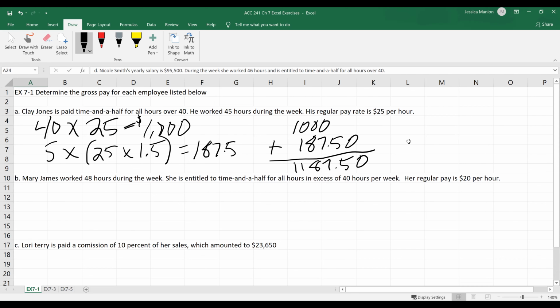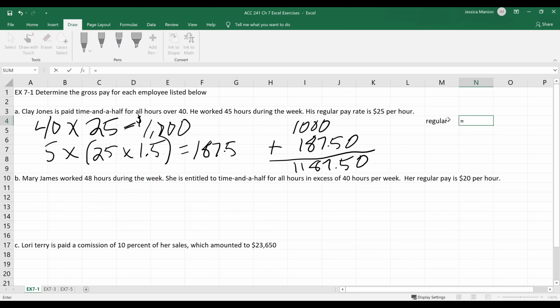Again, we could plug the numbers into here. And so regular equals 40 times 25.